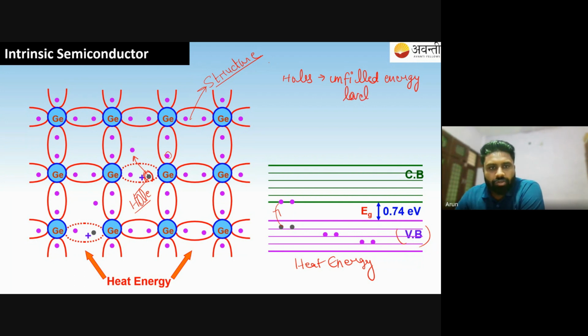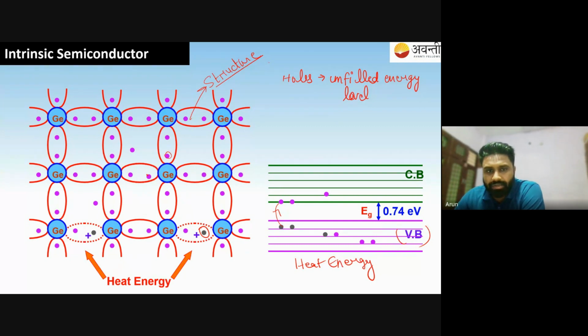So what happens then? The electron participating in covalent bonding surrounding it jumps into that vacancy, which is this hole. Look at this electron, which is going here to fill this vacancy, and here a new vacancy is created.